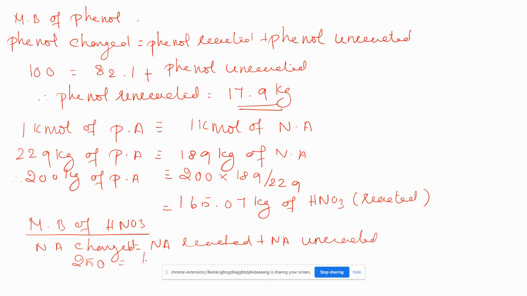It is 250, equal to 165.07 plus nitric acid unreacted. Okay, so from this we can find nitric acid unreacted is equal to 250 minus 165.07. You will be getting 84.93 kgs. So now we have found all the things.